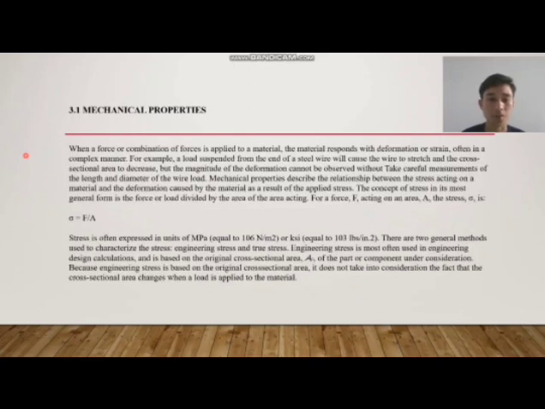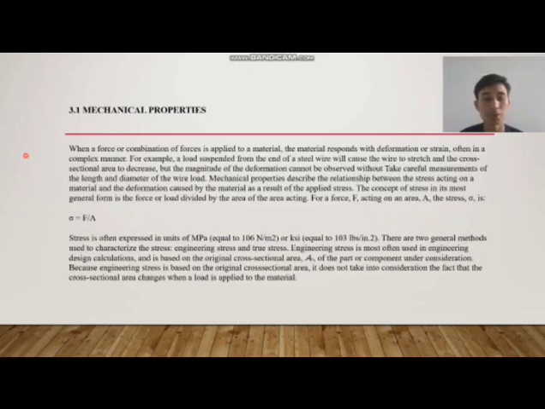For a force F acting on an area A, the stress sigma is equal to F over A. Stress is often expressed in units of MPa, equal to 10^6 N per square meter, or ksi, equal to 10^3 lbs per square inch. There are two general methods used to characterize stress: engineering stress and true stress.